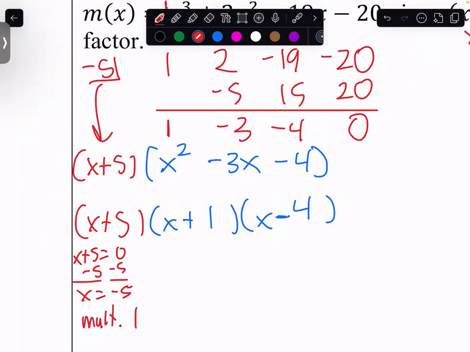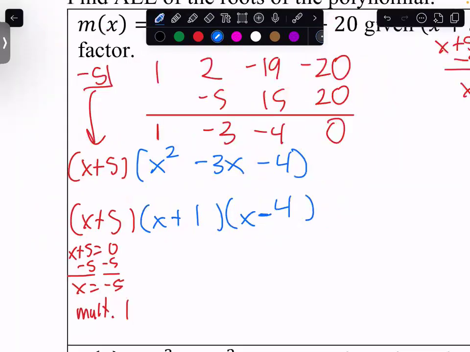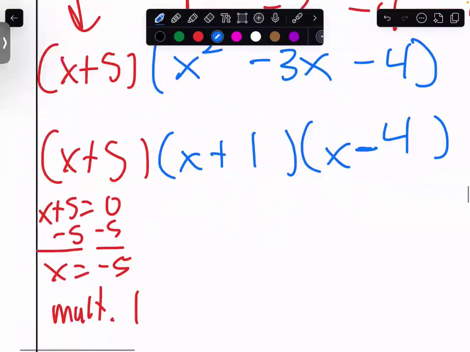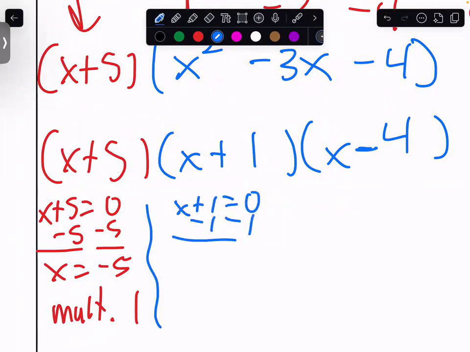Okay. So in the multiplicity, I forgot to put it in the instructions, but let's go ahead and write the multiplicities also. Because the x plus 5 has an invisible exponent of 1, you can put multiplicity 1. Now from this factor, you get a root of x equals -1. Again, exponent is 1, so multiplicity is 1.